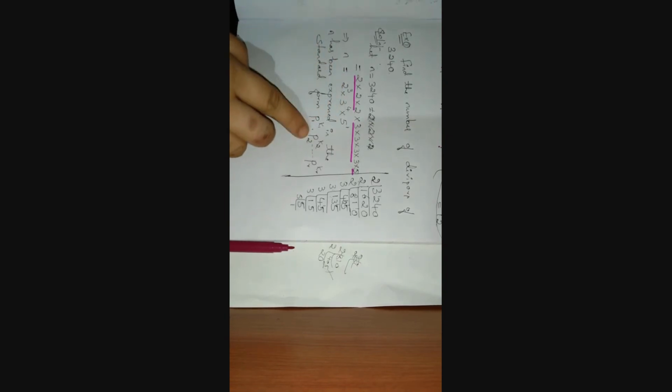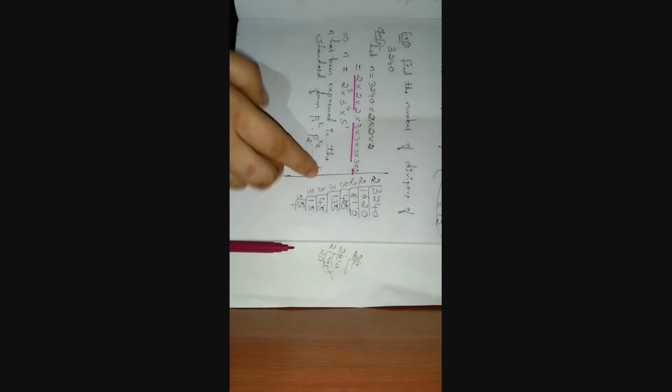This is very important. See, n has already been expressed in this form, where p is nothing but the prime numbers and k is nothing but its power. Okay, so it has been expressed in this.